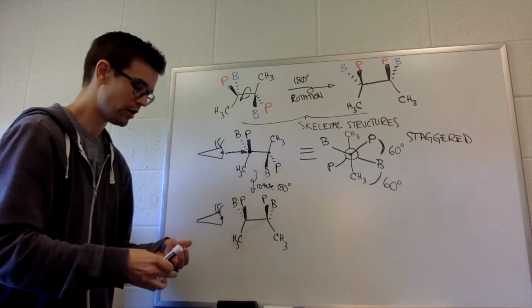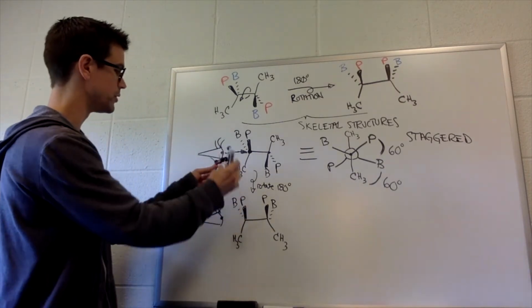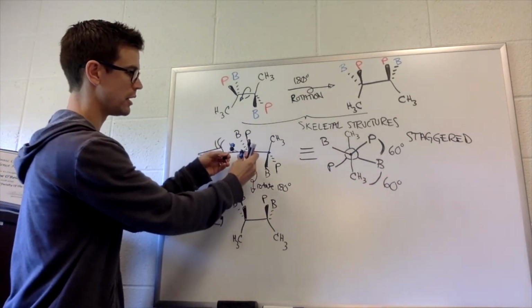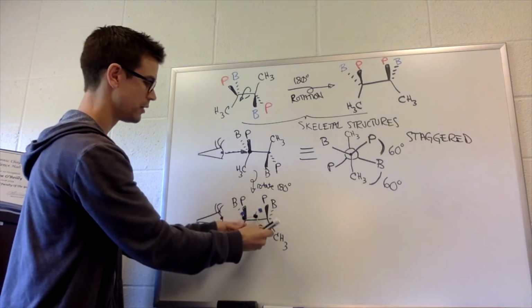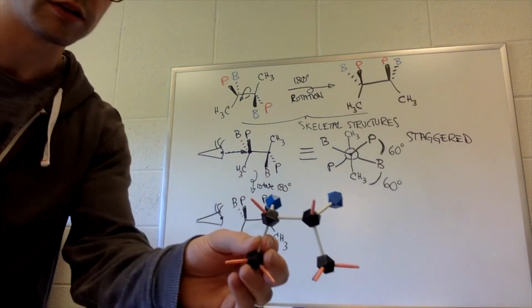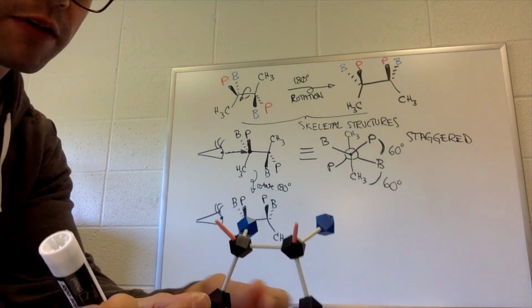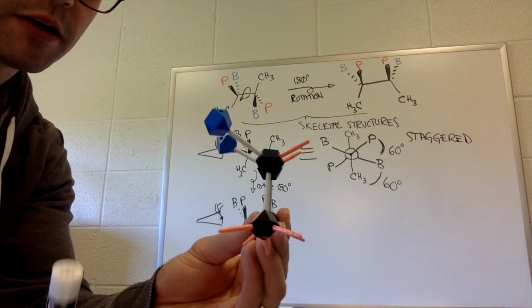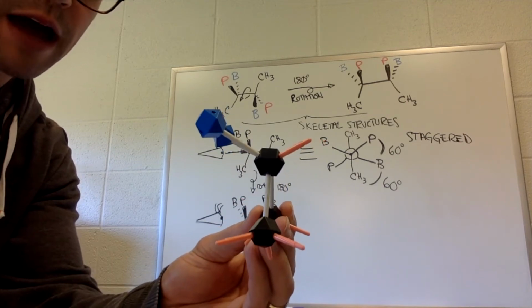So what about this one? This one, again, remember, we took the molecule and we rotated 180 degrees around to make it look like this. So this is what that looked like. And again, what we're doing now for the Newman projection is we are taking the molecule and looking down that bond there.